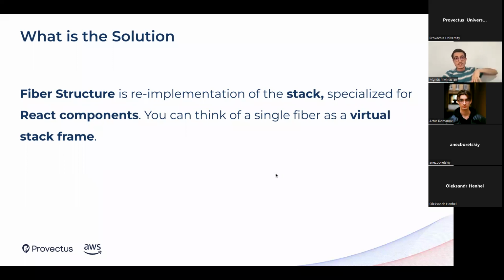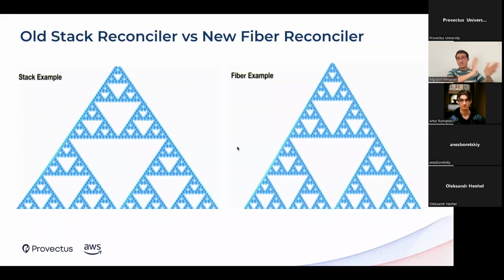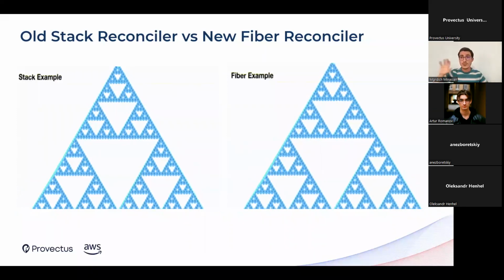As I said, the fiber structure, as a definition, is the re-implementation of the stack specialized for just React components, and you can think of it as a singular virtual stack frame. And now I will explain to you what those words mean. So here is a simple animation: the old stack reconciler and the new fiber reconciler.